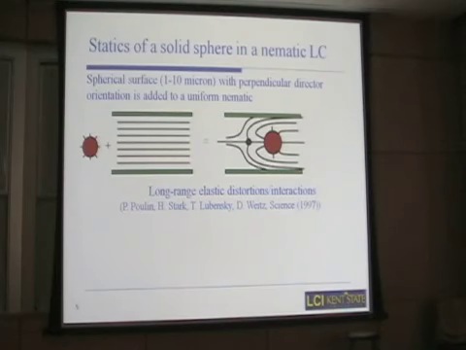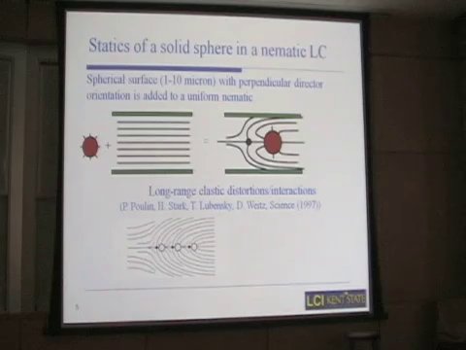Topologically, it simply means that you balance the +1 topological charge of the sphere, the radial configuration, with a -1 topological charge of the hedgehog. And since the surface conditions at the sphere introduce these director distortions, you have a situation where you modify the colloidal interactions in the nematic just because of the elastic distortions of the field.